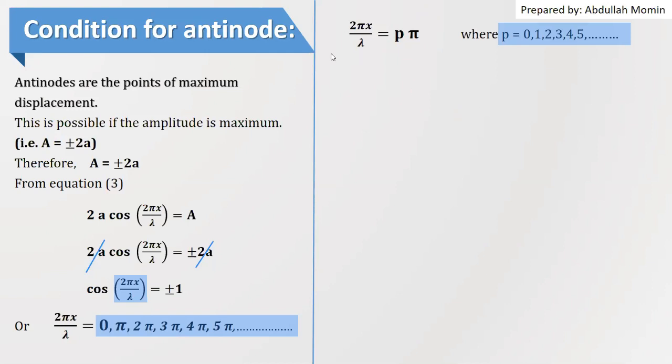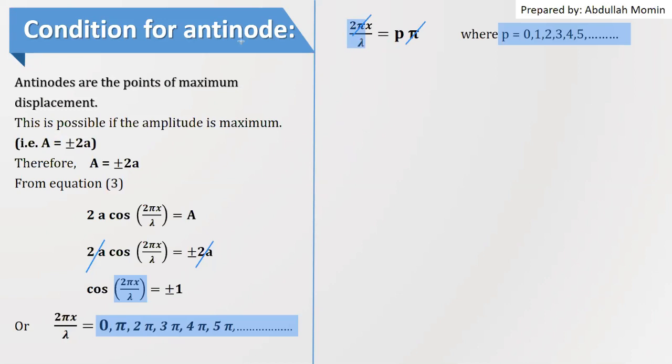So simplifying this equation, this pi will get cancelled with this pi. And the value of x, the remaining terms are 2 by pi and 2 by lambda.